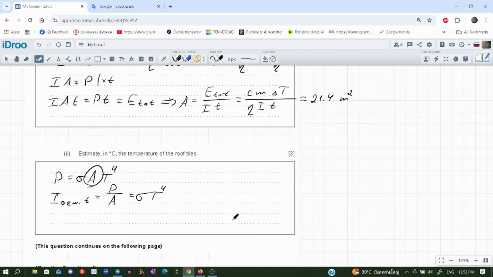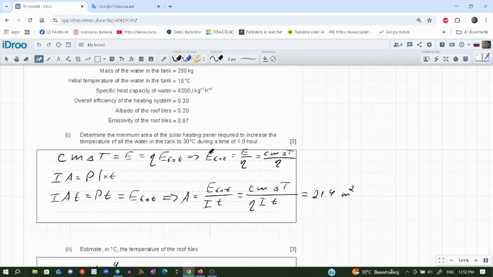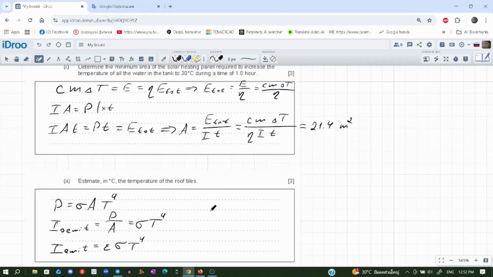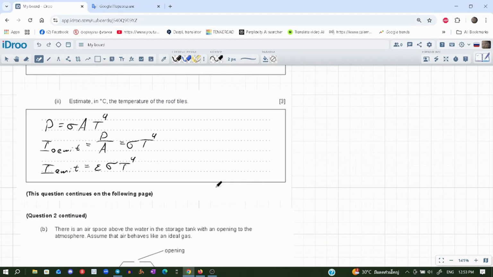So we just lose the area if we divide it by area. And the real intensity that is emitted is epsilon sigma T to the power 4, where epsilon is the emissivity, because our body is not a perfect black body, because this is for a perfect black body, but this one is not a perfect black body. So only how much? The emissivity is 0.97, so only 97% is radiated, and we will use it here.